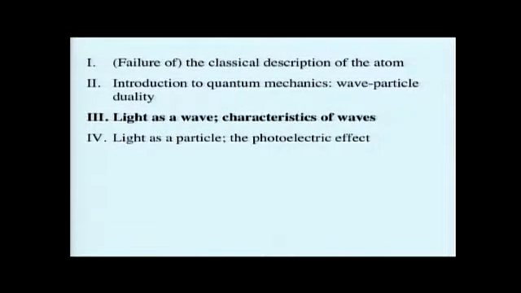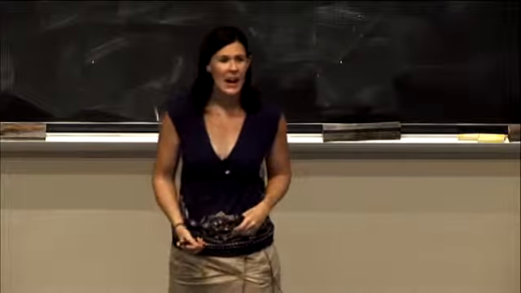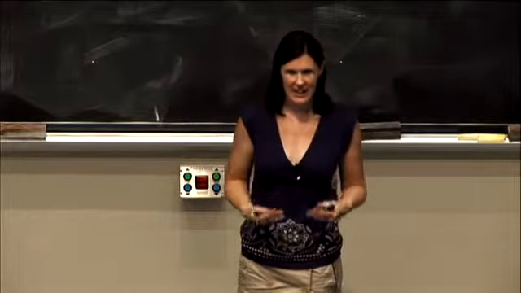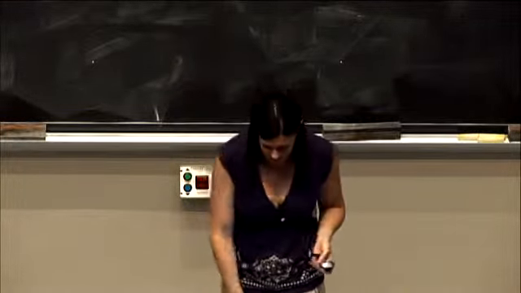So we'll move on to this discussion of light as a wave, and we really won't go back to applying quantum mechanics to the atom until Friday, but in the meantime, we'll really get to understand the wave-particle duality of light and of matter.